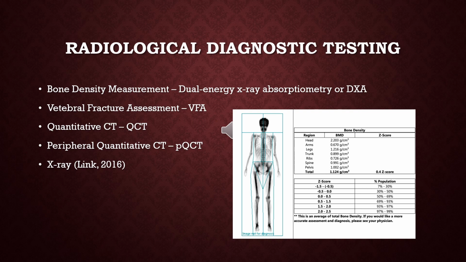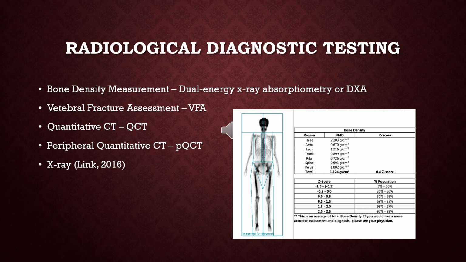A T-score of -2.5 or lower indicates osteoporosis, while a T-score between -1 and -2.5 indicates osteopenia or low bone mass. Additionally, a vertebral fracture assessment may be completed. This is a specialized form of a DXA image that focuses specifically on the spine to identify any vertebral fractures.